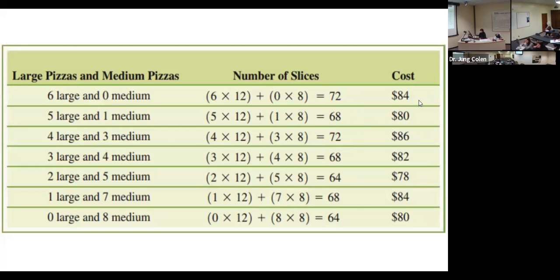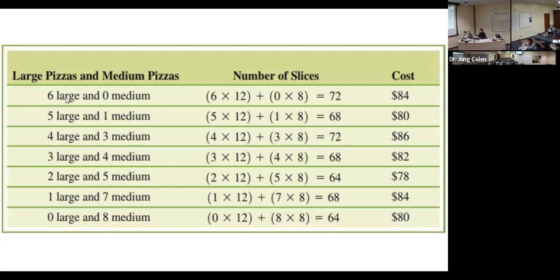Top one. So you can have the maximum number of slices of pizza in either case, but you don't want to pay more. So which one would you choose? The 6 large pizzas, right? Okay. And think about it.